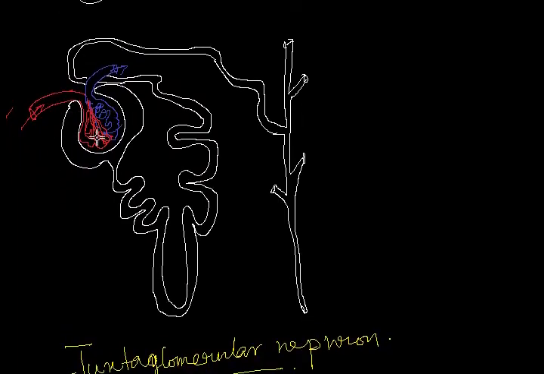The main difference is that in the juxtaglomerular nephron, the DCT touches the afferent arteriole. This is the basic difference.